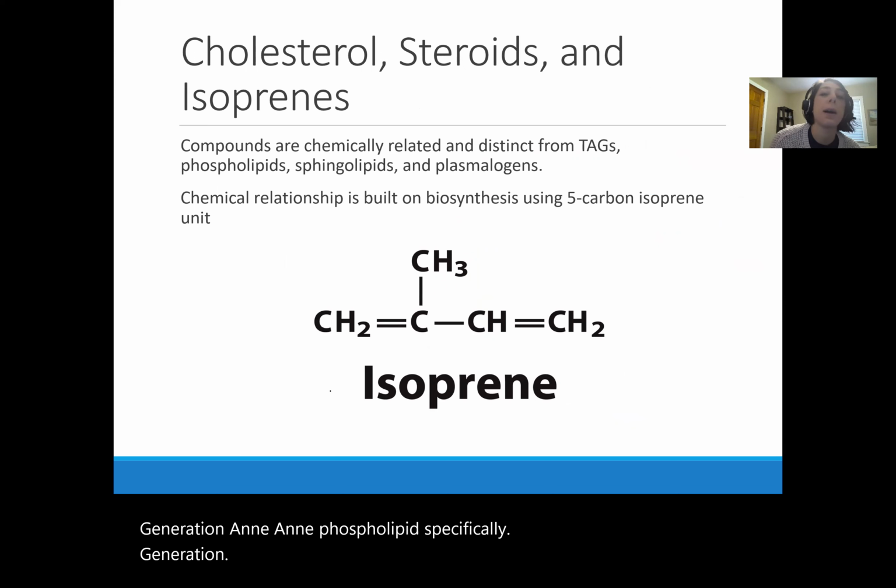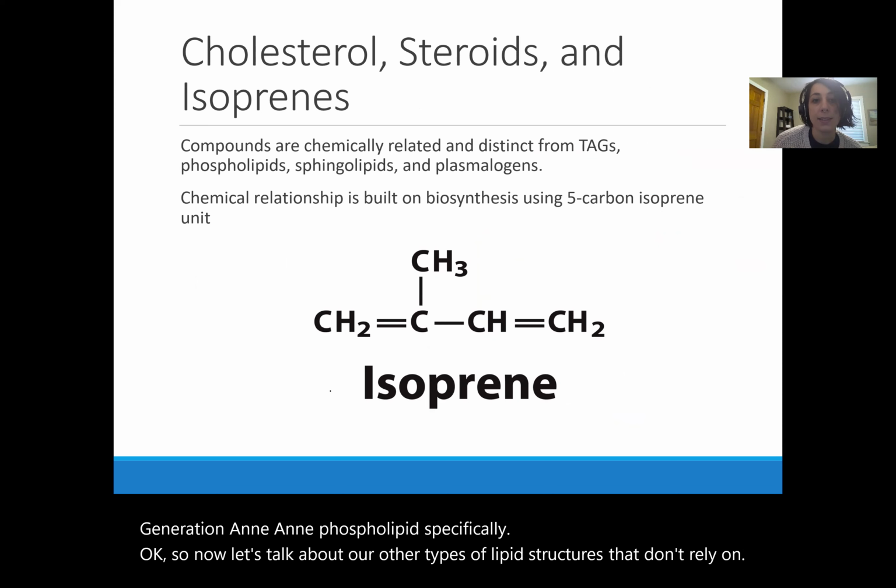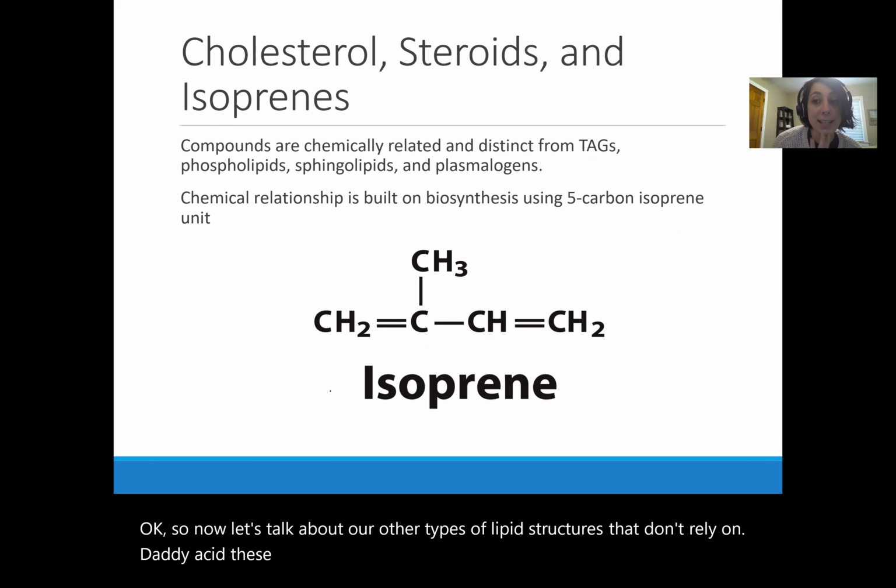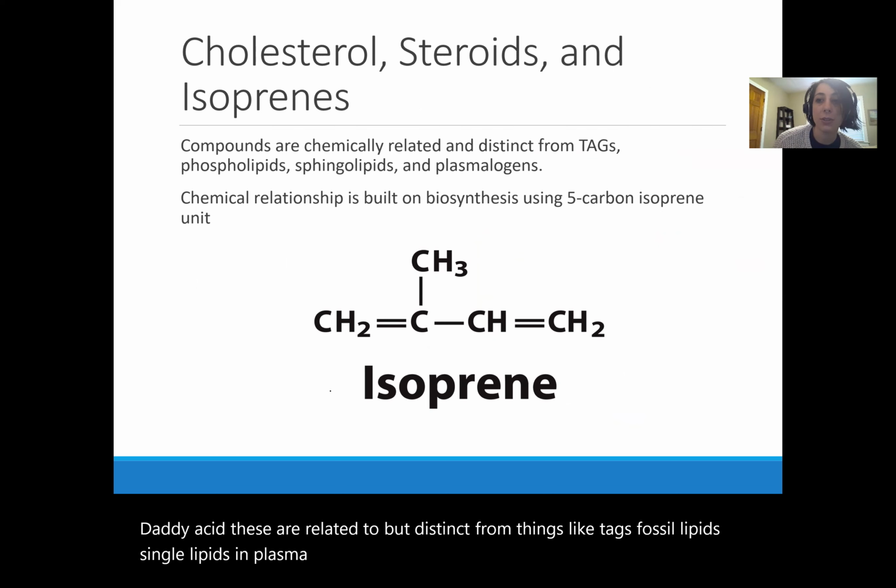Okay, so now let's talk about our other types of lipid structures that don't rely on fatty acids. These are related to, but distinct from, things like TAGs, phospholipids, sphingolipids, and plasmalogens. All of those I just noted use fatty acids as their base.